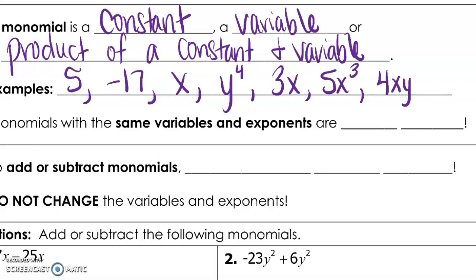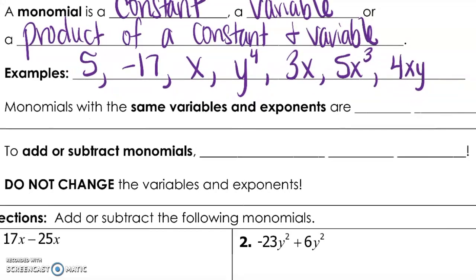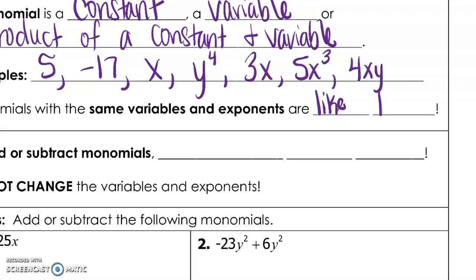So the addition or subtraction that we're going to look at is what separates the monomials. So monomials with the same variables and exponents are considered like terms. And we did do a little bit of this in Unit 1 at the beginning of algebra. So this first part, the adding and subtracting, should look fairly familiar.